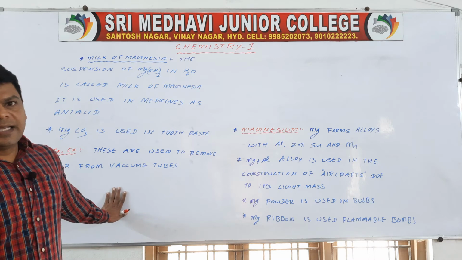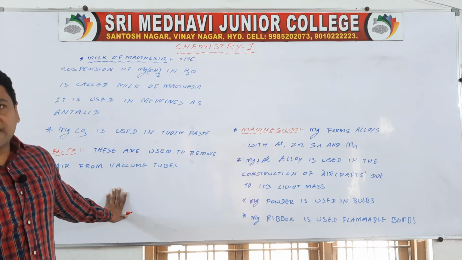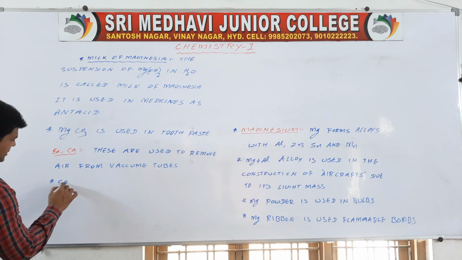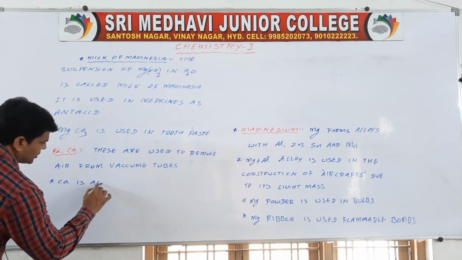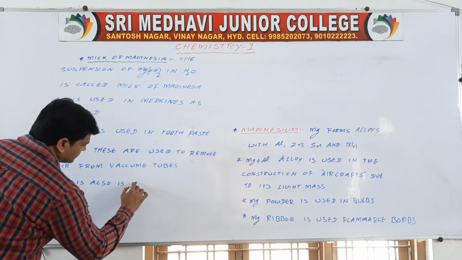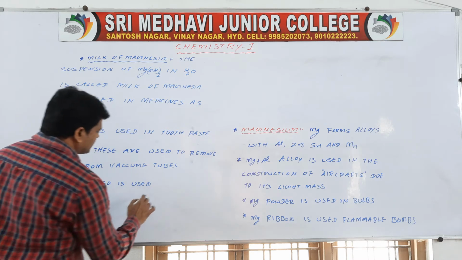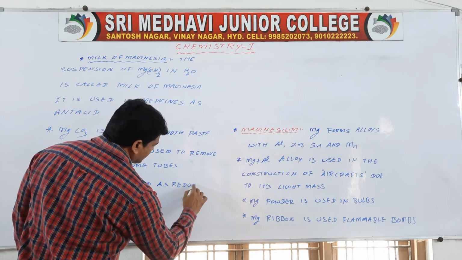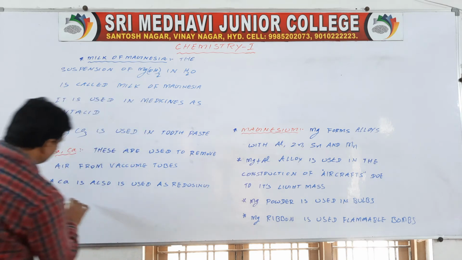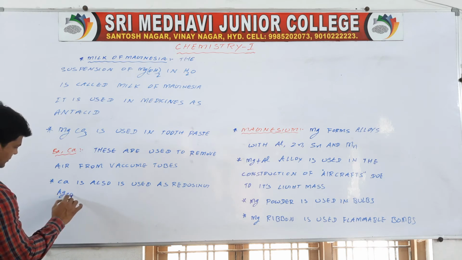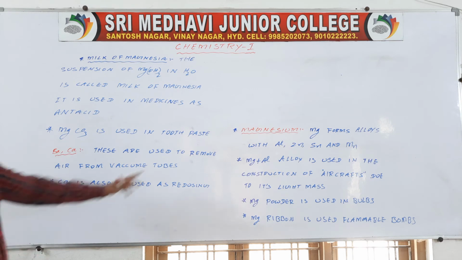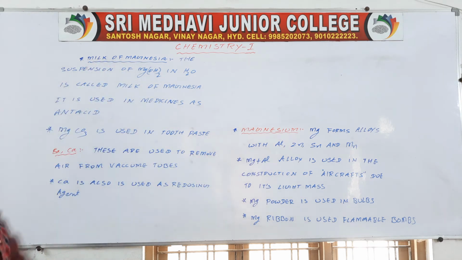Barium and calcium are used to remove air from vacuum tubes. And calcium is also used as a reducing agent. Then here continuation, milk of magnesia, then barium and calcium.